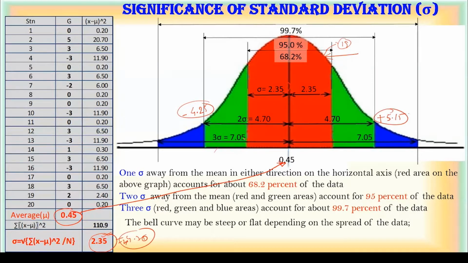And if you go to 3 sigma, means 3 into 2.35, that becomes 7.05. So within 7.05 deviation, you will get 99.7% data. This is established mathematical standard deviation curve, and this clearly says that if we are allowing any peak defect within the 3 sigma, it is likely that all data will remain within this.